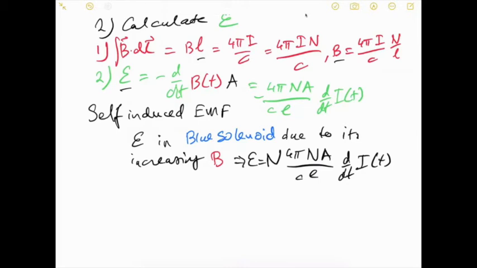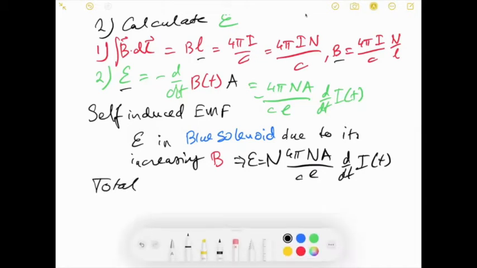And if we want to know what the total energy is, the energy that's stored is going to be the integral of I times E dt.